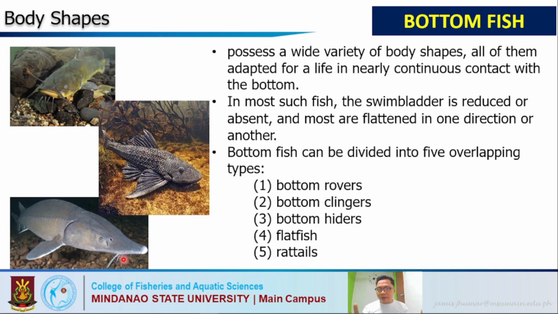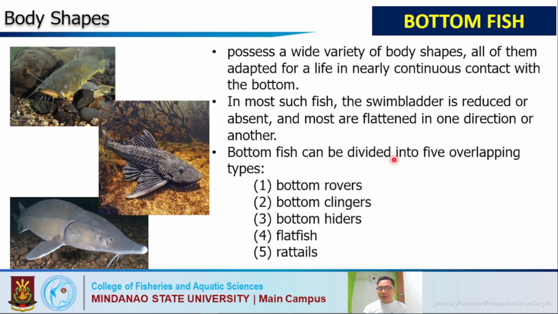So their life is nearly continuous contact in the bottom, and these are said to be the descendants of the primitive reptiles. In most fish, the swim bladder is reduced or absent, and most are flattened in one direction or the other. So, either meron silang swim bladder or wala silang swim bladder. Part of their swim bladder sometimes is flattened in one direction.